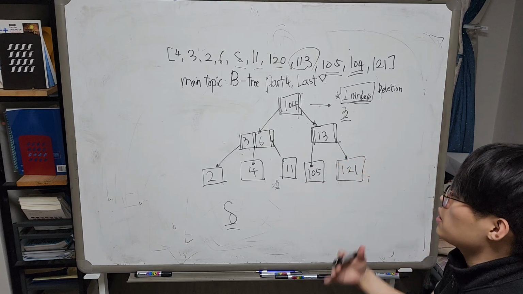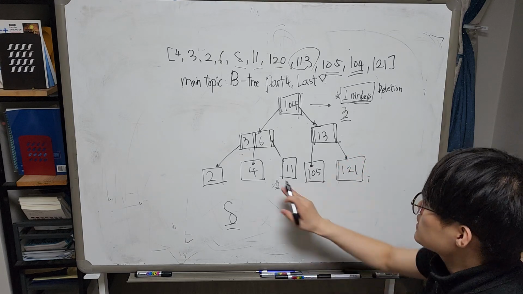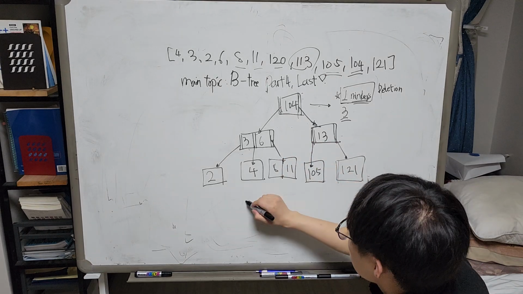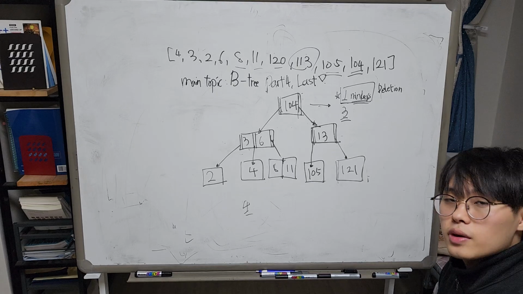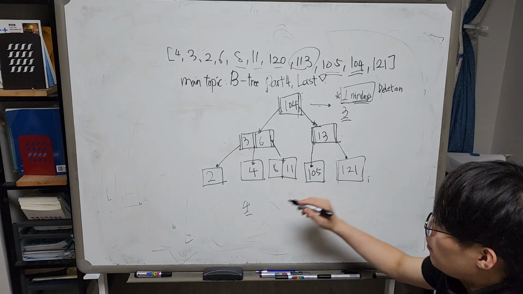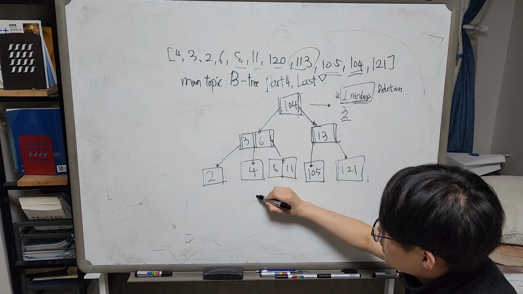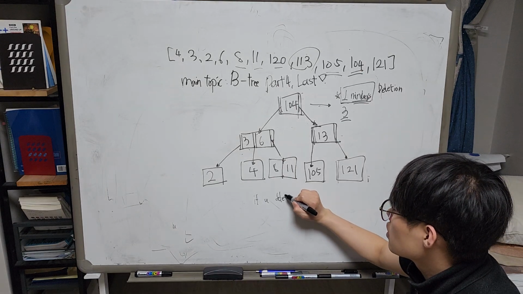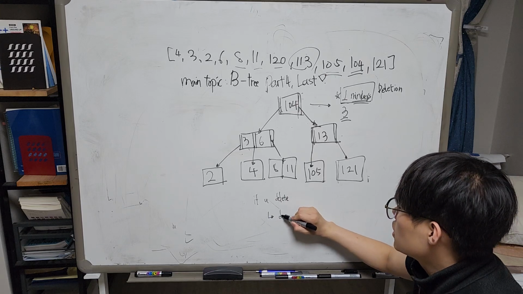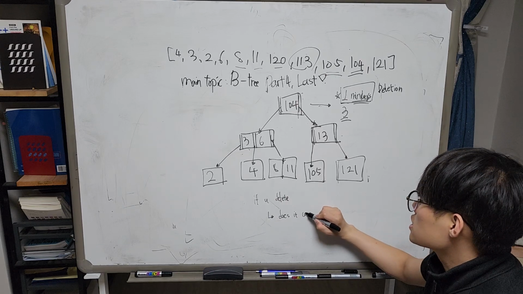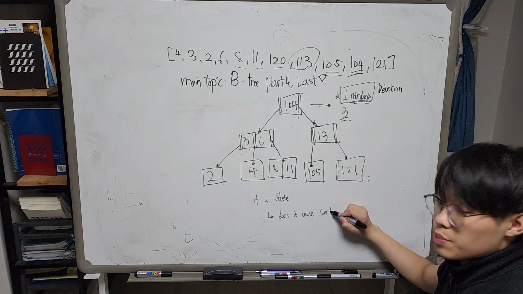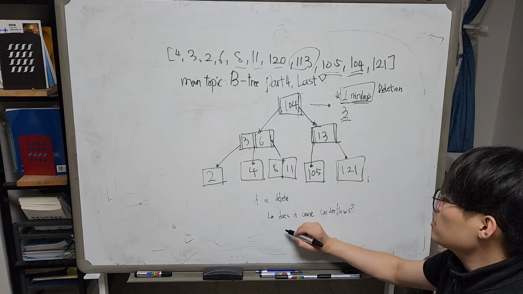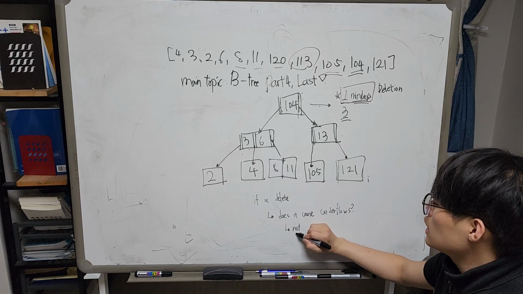But the next part is going to be really tricky. Let's say you want to delete 4. So with deletion, the really important question in the B tree is: does it cause underflow? If it does not, it's going to be really easy.